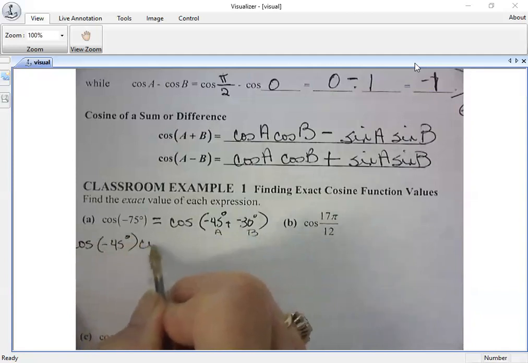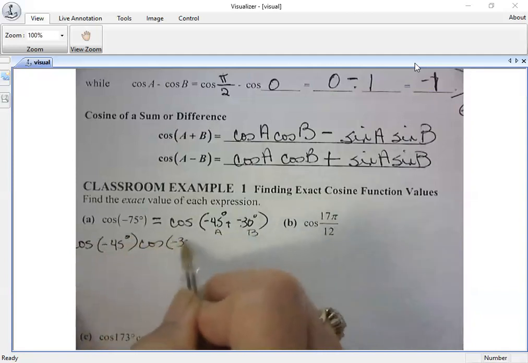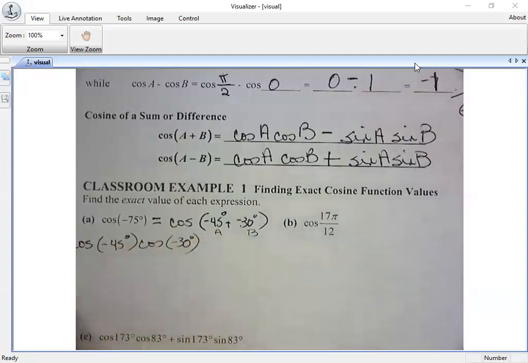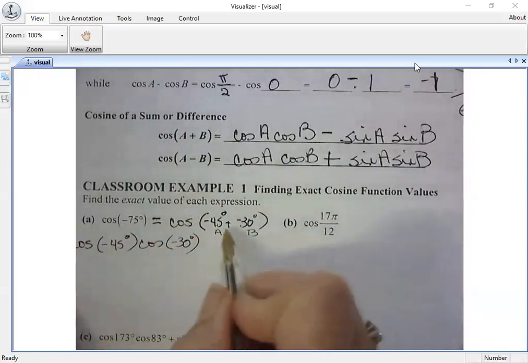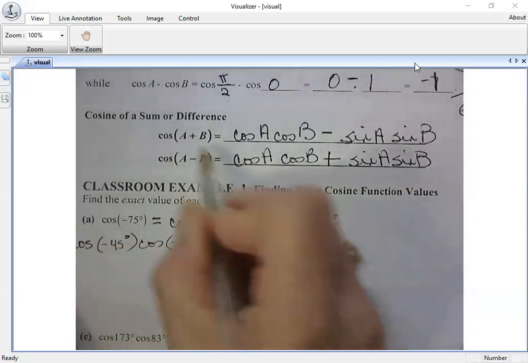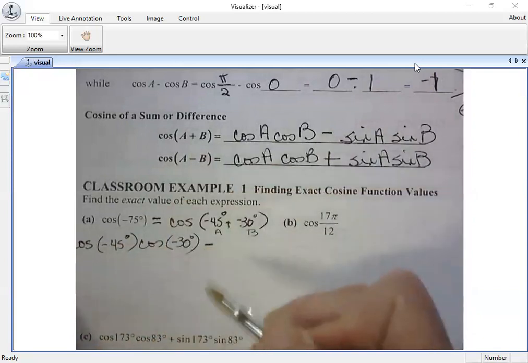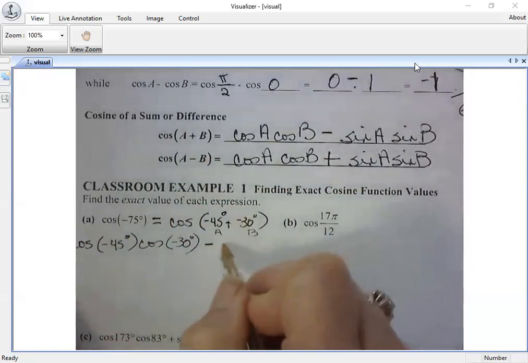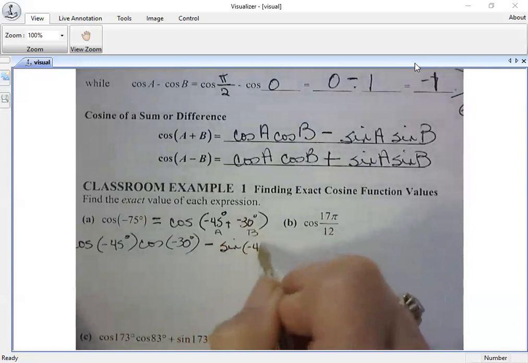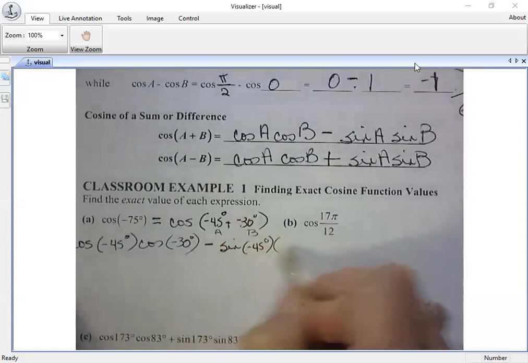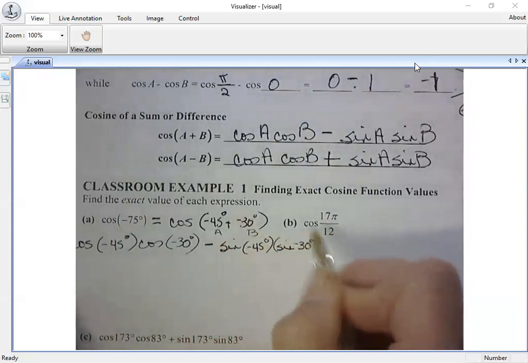Times cosine of negative 30. Good. Now what sign do I need? Well, I have a plus sign here, so I'd want to put a minus sign. Good. And then I'll put sine of negative 45 times sine of negative 30. Okay.